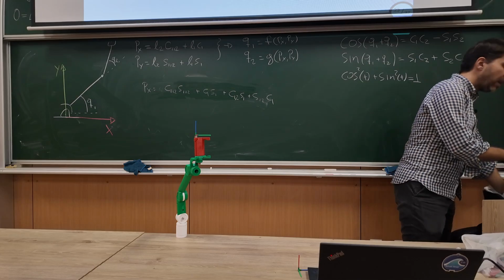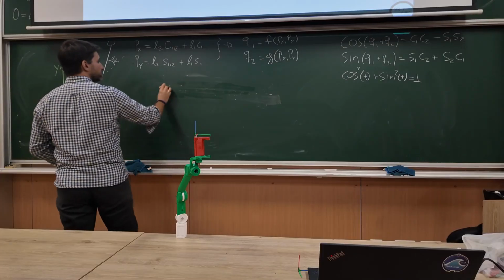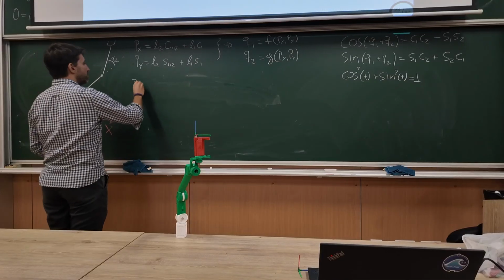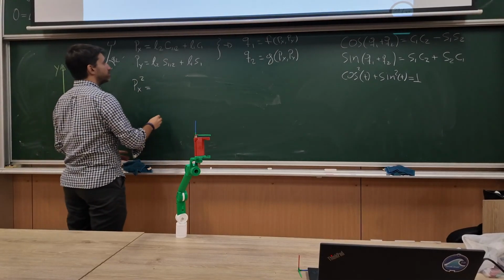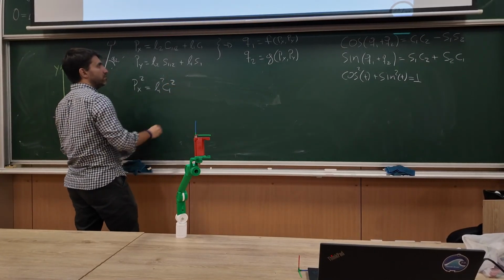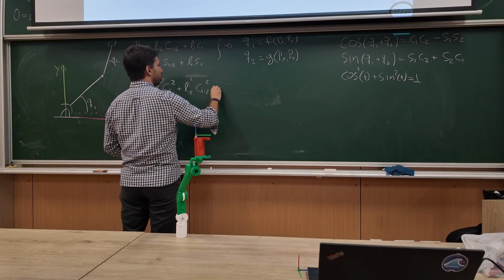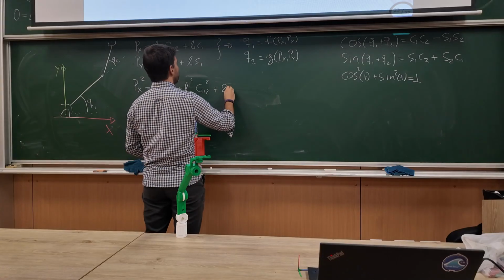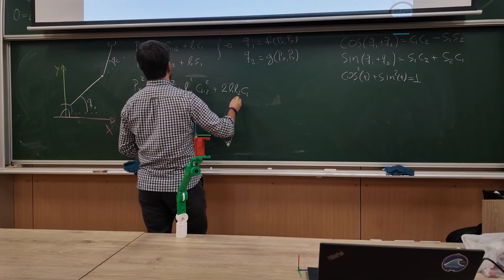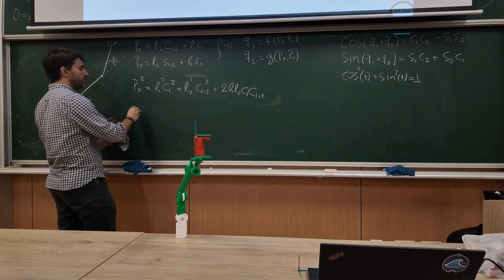I'll give you the first hint. What if I square them? Each of them? Yeah. So px squared. What will I get? Plus L2 C12 squared, plus 2 L1 L2 C1 C12, not squared, right?